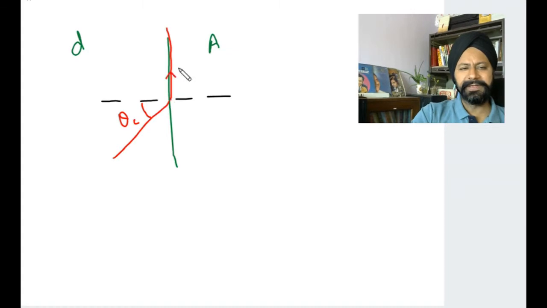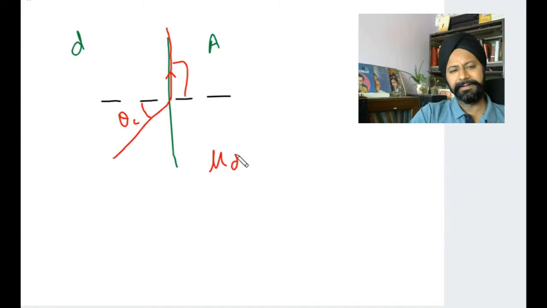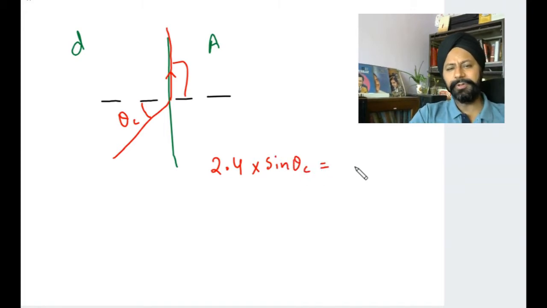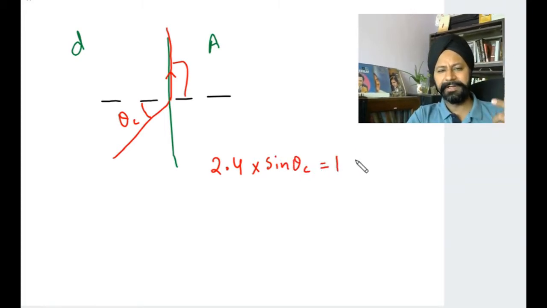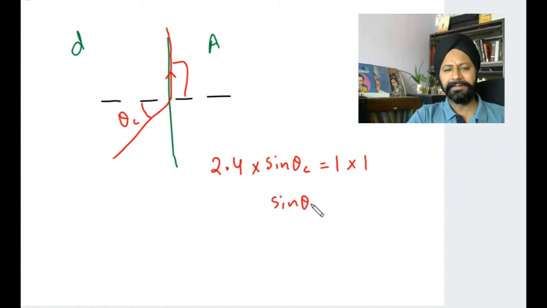So this is the behavior. It has to be 90 degrees here. So mu of d, let's start plugging in the values. Mu of d is 2.4 times sine of critical angle is equal to mu of air, which is 1, times sine of 90, which is also 1. So sine of critical angle is equal to 1 over 2.4.